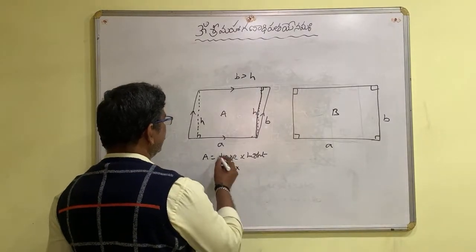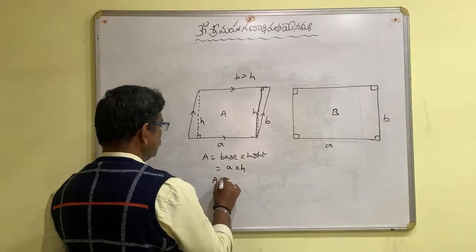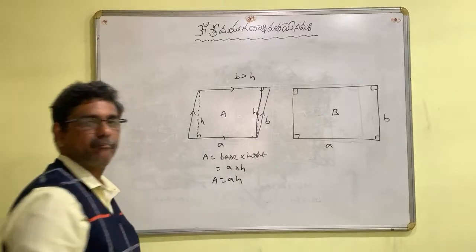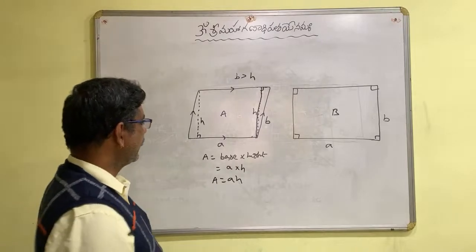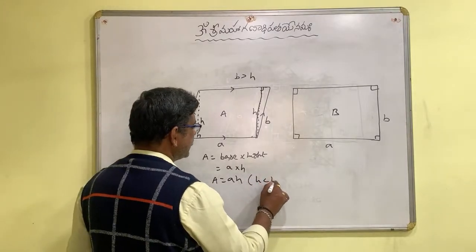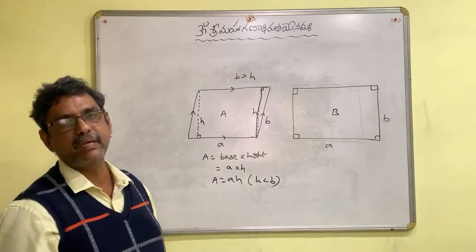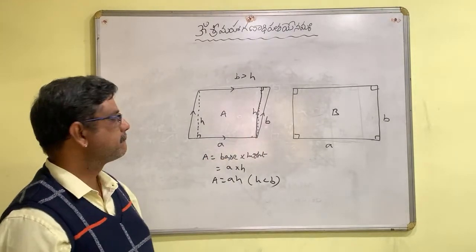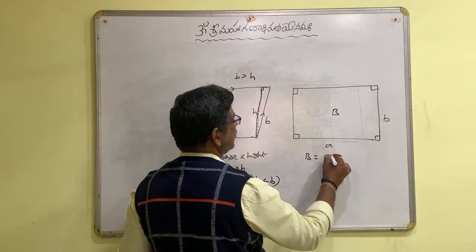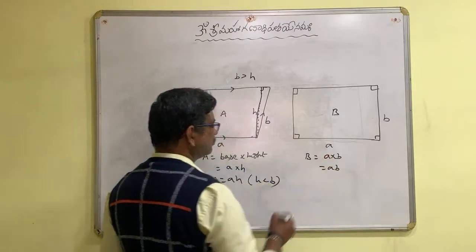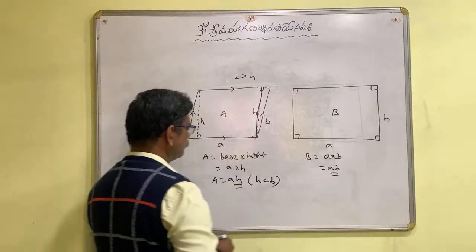Now area of parallelogram is base into height, A into H, where H is less than B. The height of the parallelogram is less than B. Now area of rectangle is length into breadth, A into B. Now compare these two.